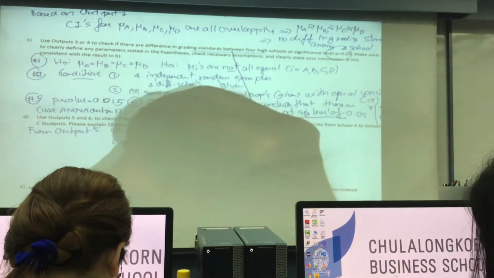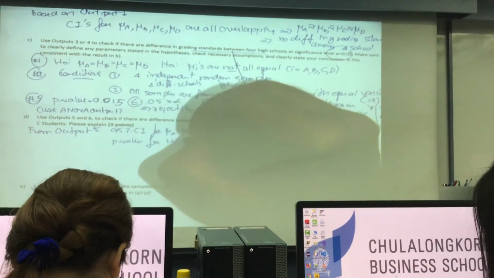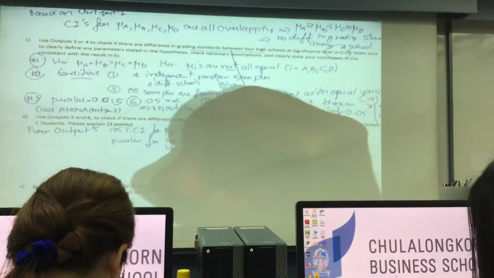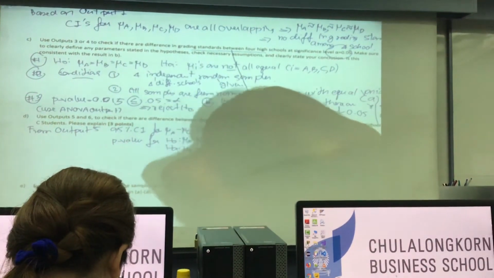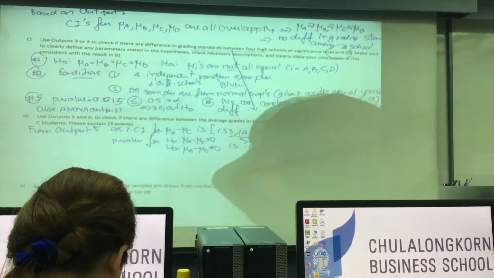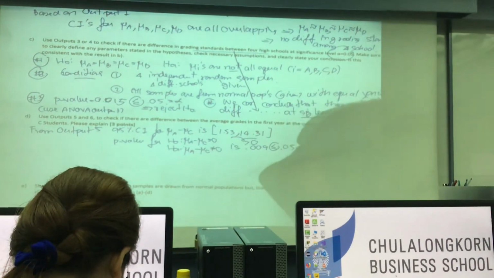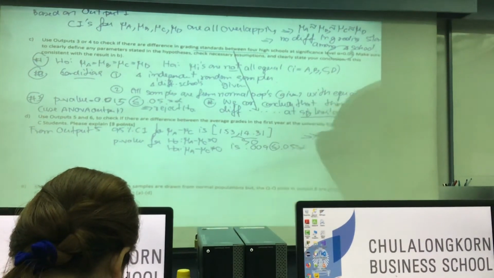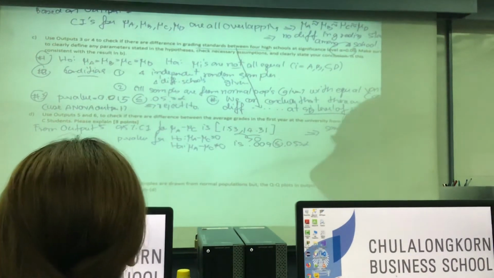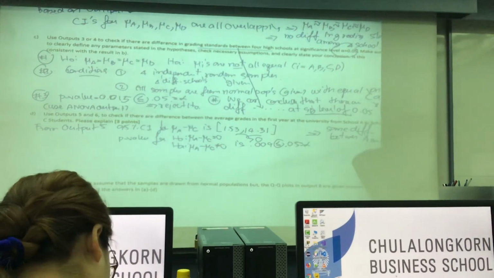And then the p-value for H0: mu A minus mu C equals 0, HA: mu A minus mu C is not equal to 0, is 0.009, which is less than alpha 0.05. Some difference between A and C.